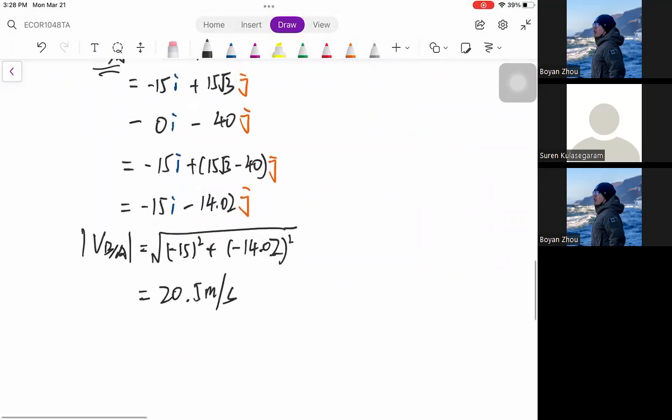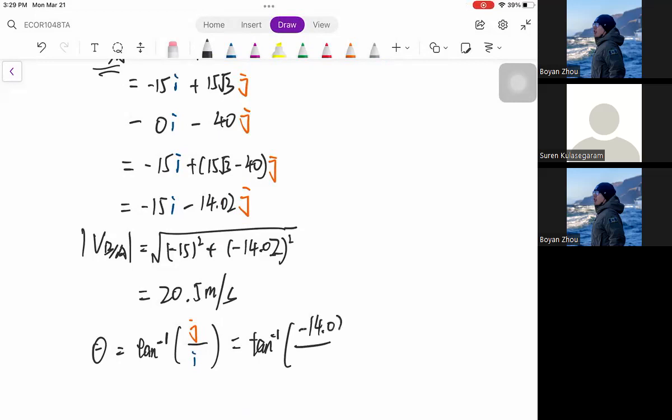So here's the magnitude, and then the next one is the direction. So theta is equal to tangent to the power of -1 of J over I. You can memorize that, or you can just derive that based on a triangle. So what we have on J is -14.2.